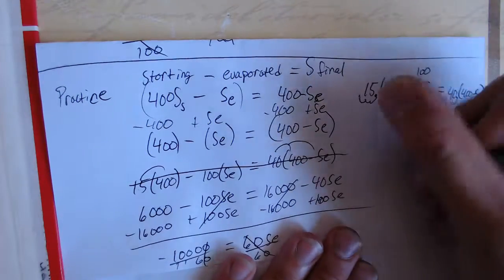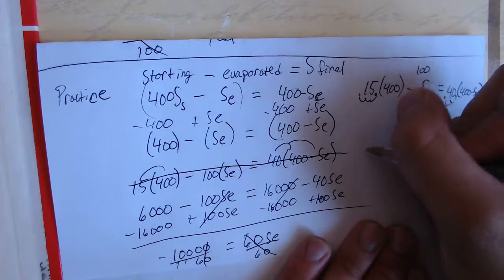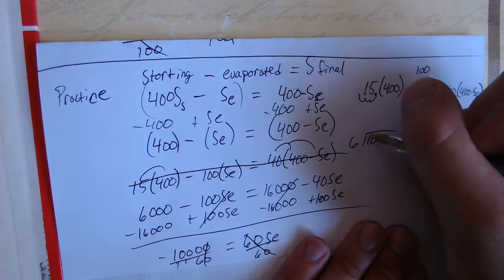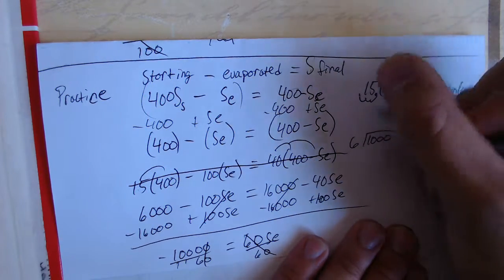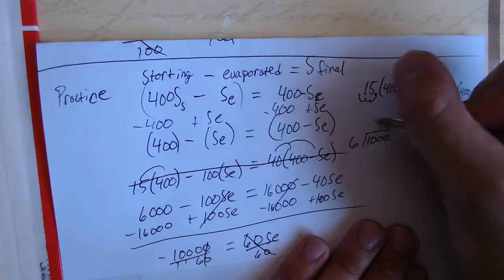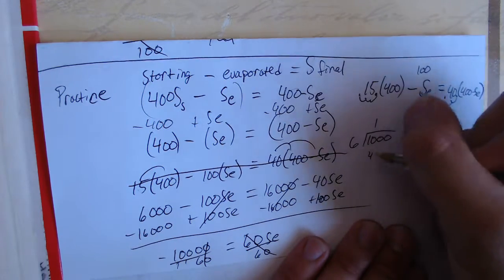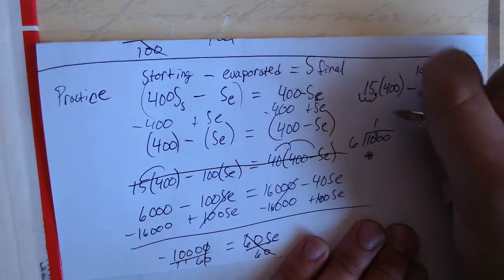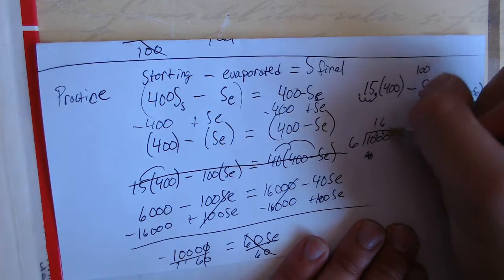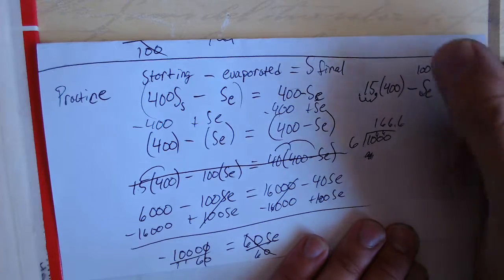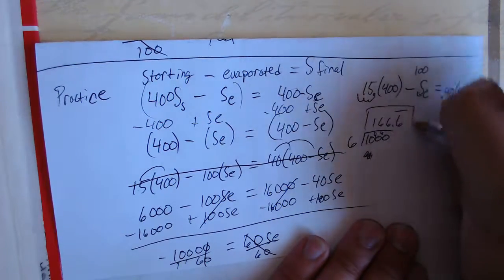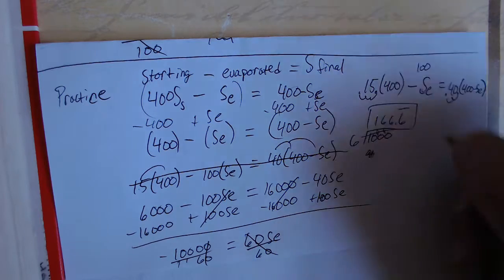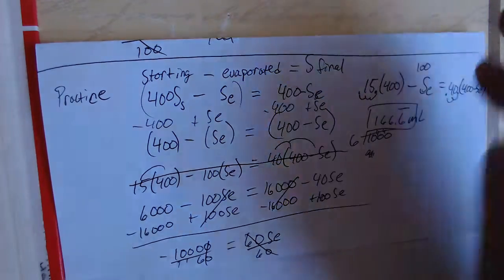So the solution evaporated is going to be 1,000 divided by 6. 6 goes into 40, 6 times, and then we're just going to keep getting a repeating 6. So the solution we need to evaporate is 166.6 gallons.